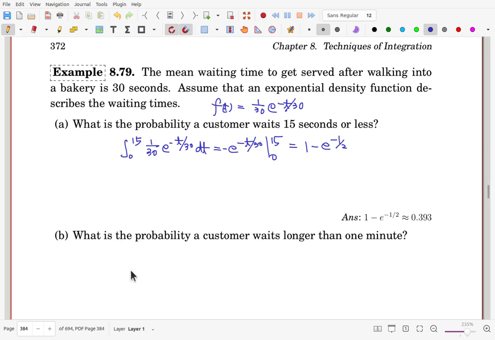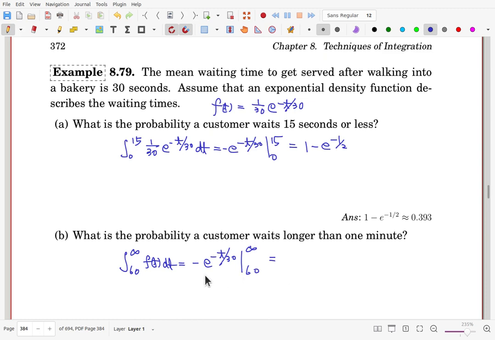What is the probability a customer waits longer than 1 minute? That means you have to integrate from 1 minute, that is the 60th second, up to infinity, of f of t dt. For this one, again, the antiderivative is minus e to the minus t over 30, and we are evaluating from 60 to infinity.